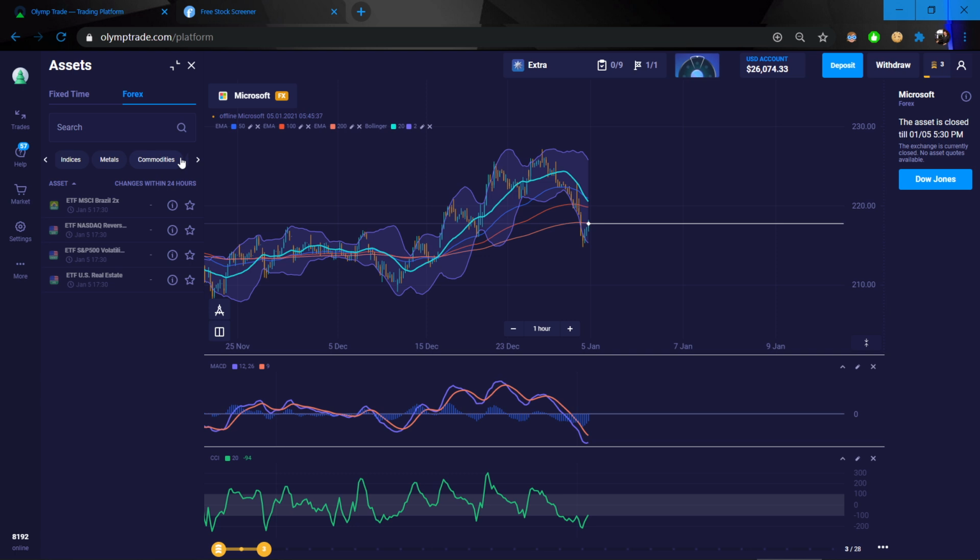I myself invest in the bonds in my country and other countries around me because the rate of return is significantly higher than, say, in the United States or in Europe where the interest rate is at 0. So in your country, you may have an individual retirement account or a tax-free account, which I have, and you should look at those accounts together with using the Olymp Trade platform when deciding how to invest with them.